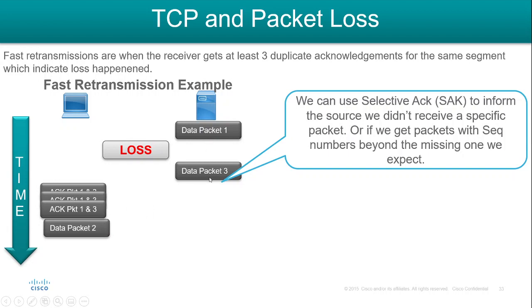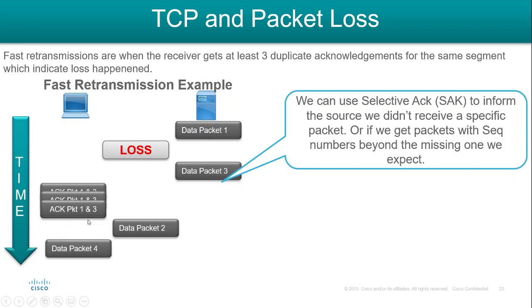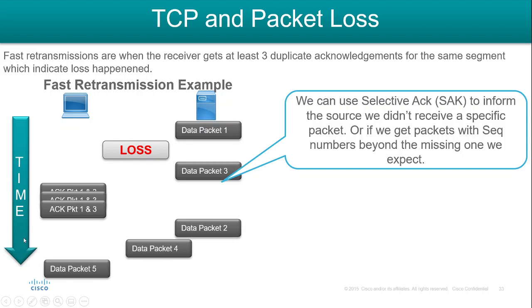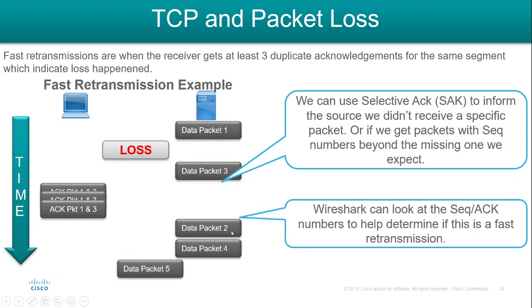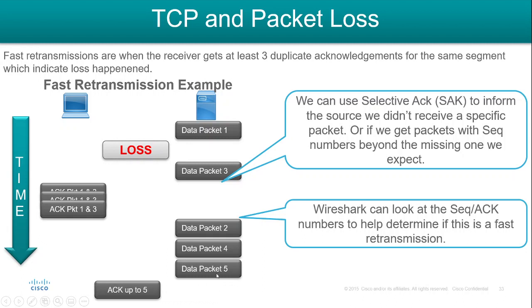And here, because there's 3 packets, it'll send 3 acknowledgements. The client will then send the missing piece, as well as some of the other data it was planning on sending anyway, at which point, if they all make it, the server can acknowledge that, yes, I got not only the missing piece, but the additional pieces that you sent.